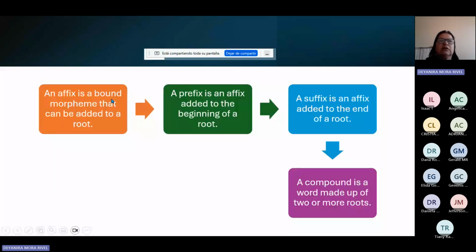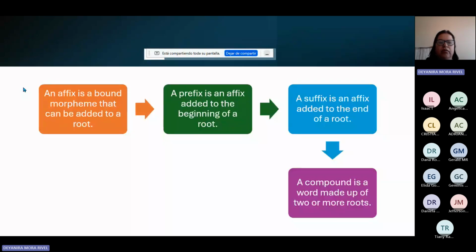These are the definitions that I told you were the difficult part of this, but the chapter itself, or the topic itself, is not that difficult. It's just that we have to learn these terms. So for example, bound morpheme, remember, and free morpheme.